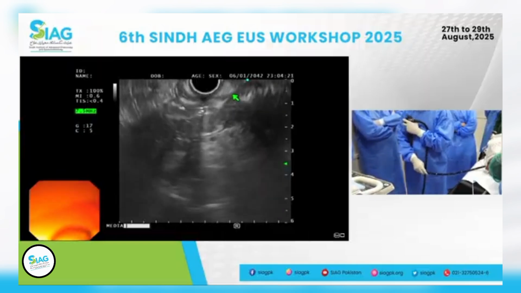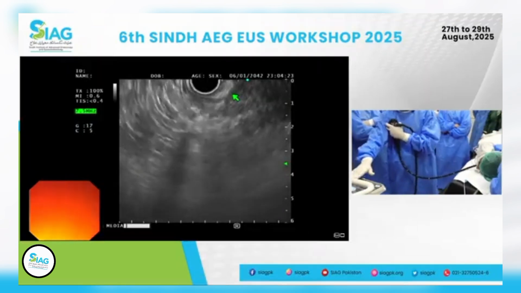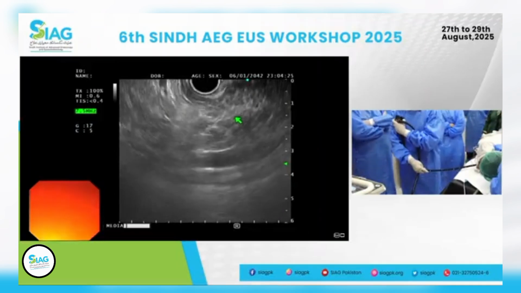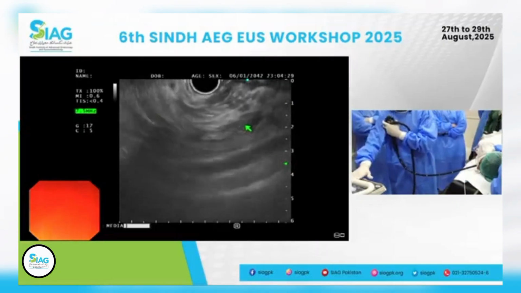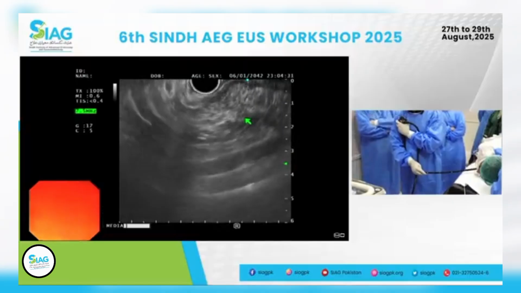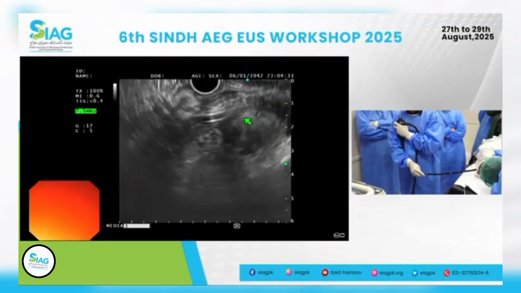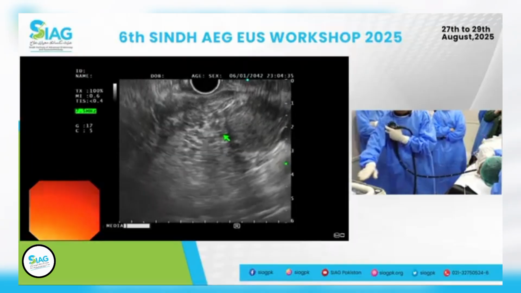So from here, what I'll do is, I'll do that one move which I showed earlier, coming back, keeping the pancreatic duct in view right here. The bile duct, pancreatic duct right here.